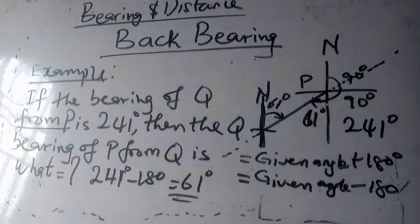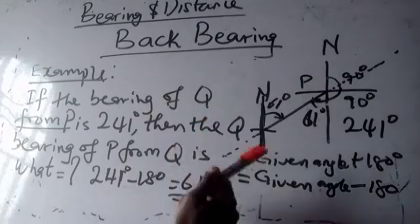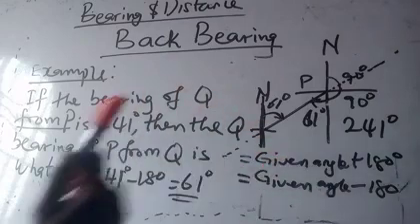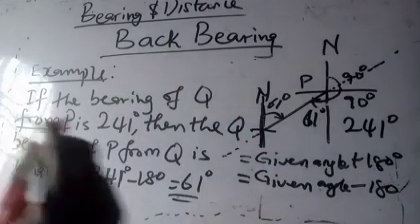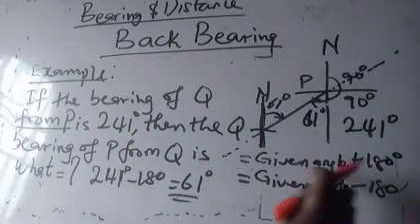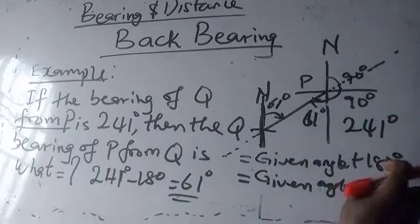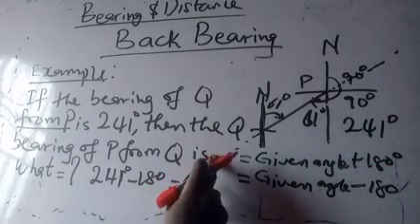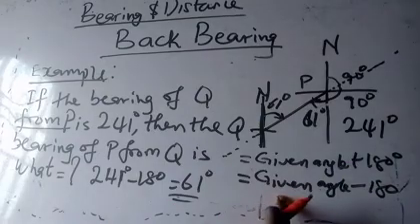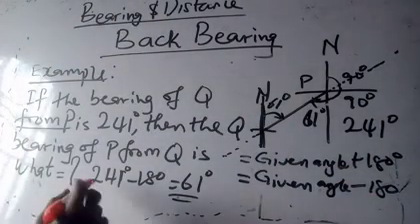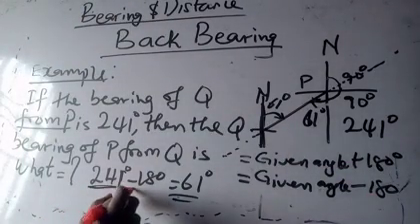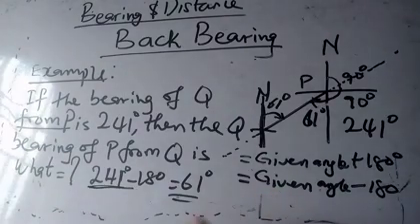Do you understand now? If the angle given is more than 180, like this one given here, you deduct 180 from it to get the back bearing.